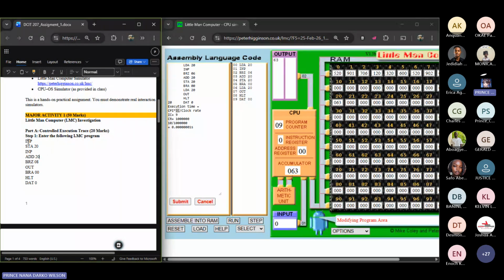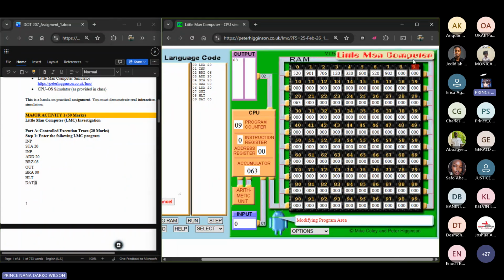Because in this program, input is stored. Input is added to the stored value. Then the program branches if the answer is 0, and it will always be 0 because 7 plus negative 7 is 0. Now the program will jump to address 8. Address 8 holds that 0 instruction. That's just a 0 value. So on our little man computer, it will come and stand over here waiting for the step again.